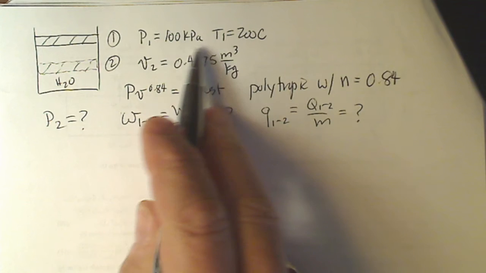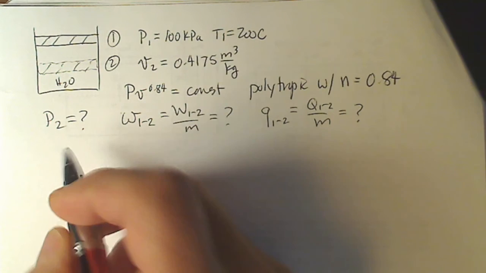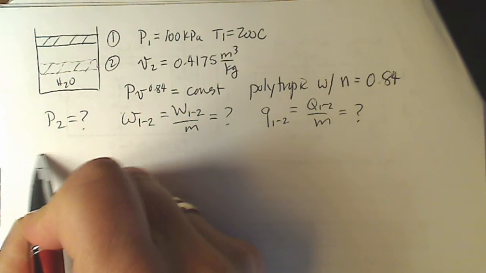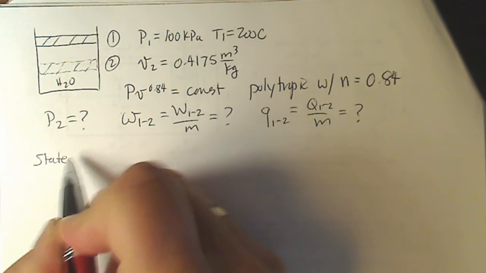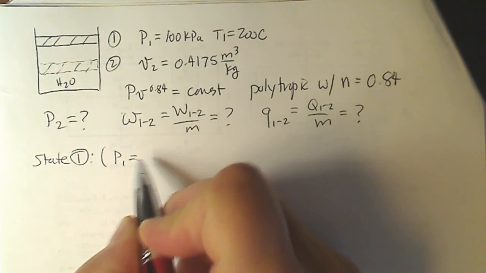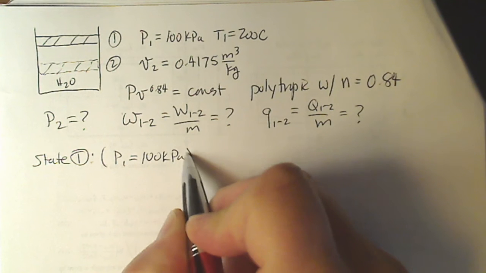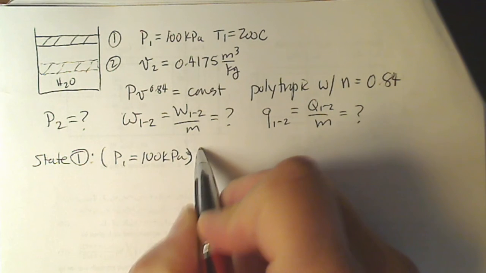We know the initial state, and we need two property coordinates about each state. We know the pressure, and we know the temperature.